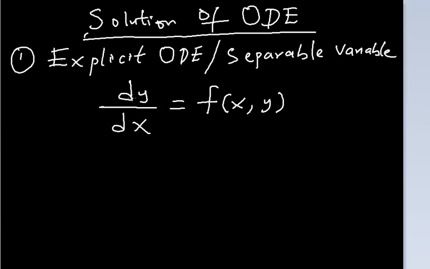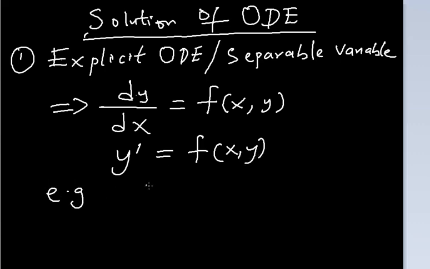Please take note of this. The derivative can also be written as y prime. I believe you know this already. So you can also write this as y prime equals a function of x comma y. Let me give you a typical example: y prime equals 2y to the power x.